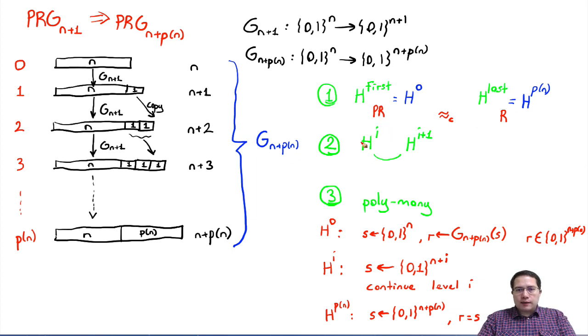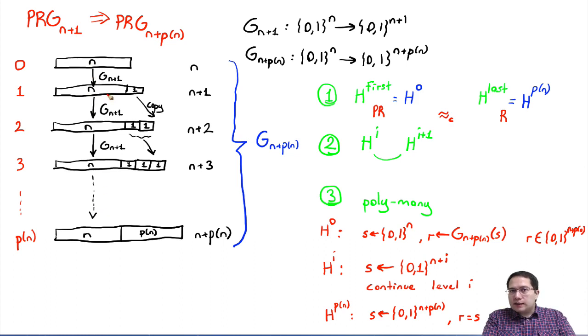Now let's look at some neighboring hybrids. Consider, for example, H1. What is H1? H1 would mean pick n plus 1 bit random value and then continue this construction from level 1. What was H0? Pick n bit random value and then continue from level 0.